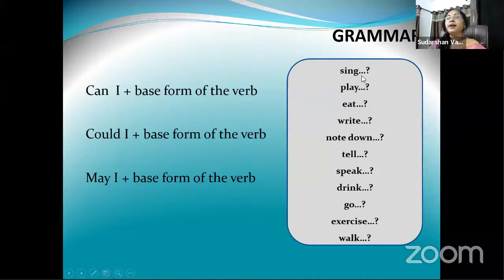Now when I have used 3 dots, it means let's not stop the sentence at "can I sing?" A sentence is complete when it at least answers 2 WH questions. Can I sing where? Can I sing where and when?